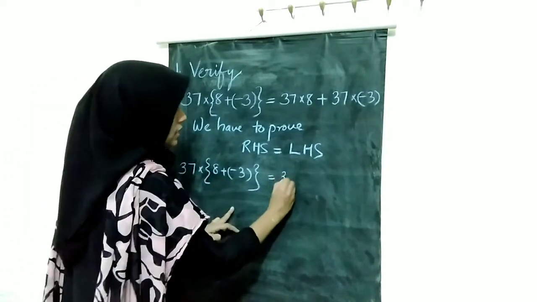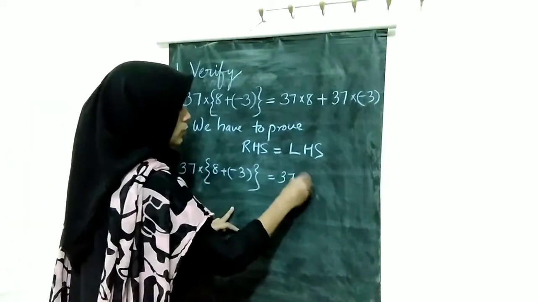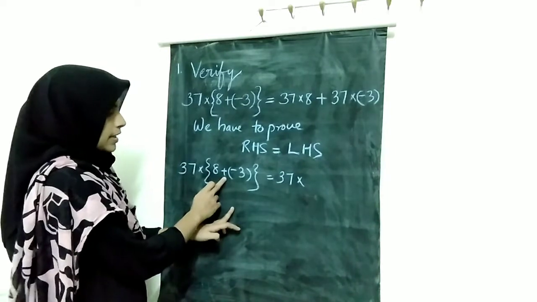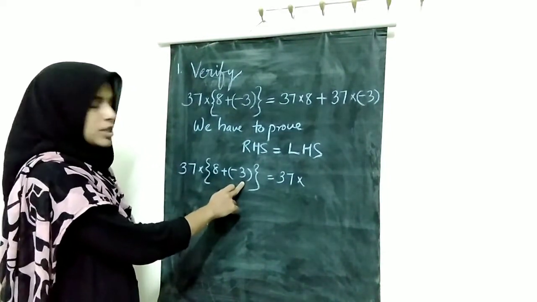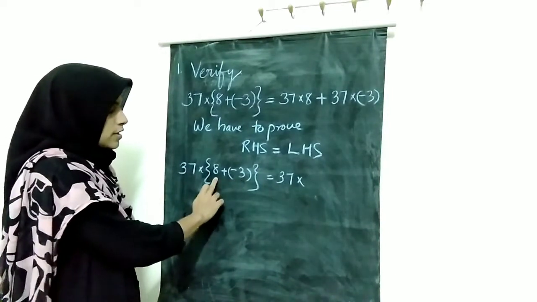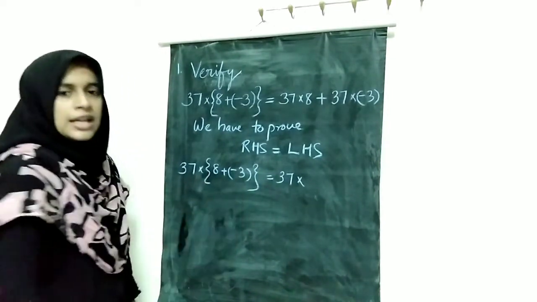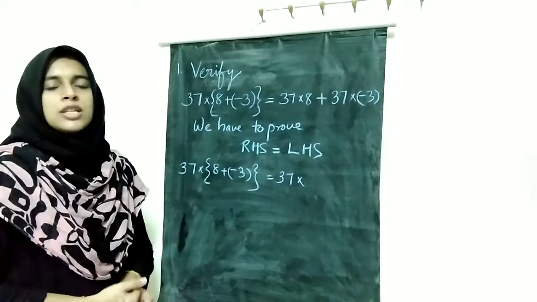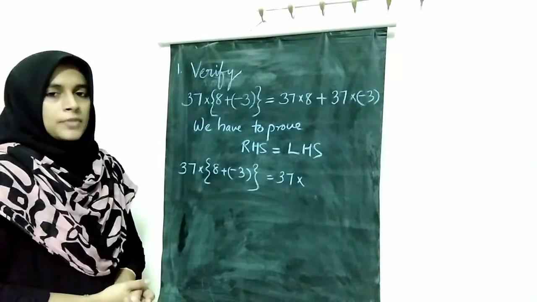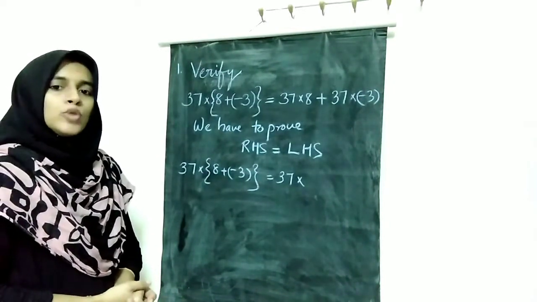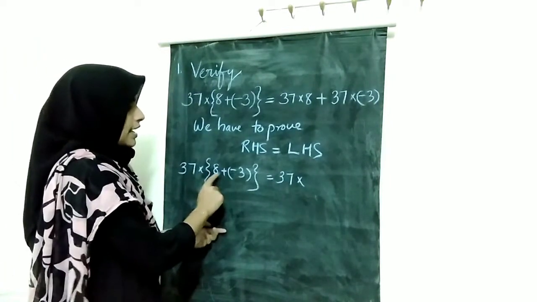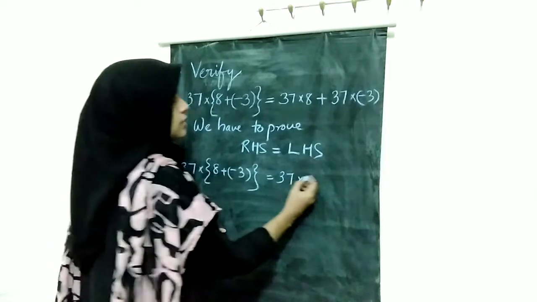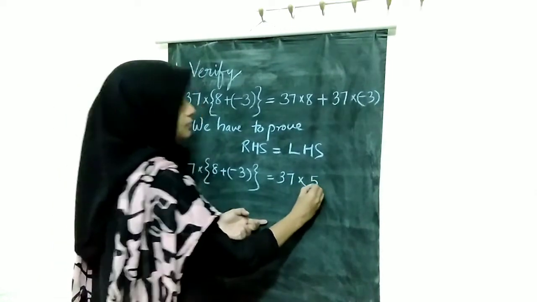So I am writing 37 into 8 plus minus 3. What is 8 plus minus 3? One positive integer we are going to add with the negative integer. One positive plus one negative. Subtract from bigger, put sign of biggest. So 8 is the bigger number. 8 minus 3. What is 8 minus 3? 5.